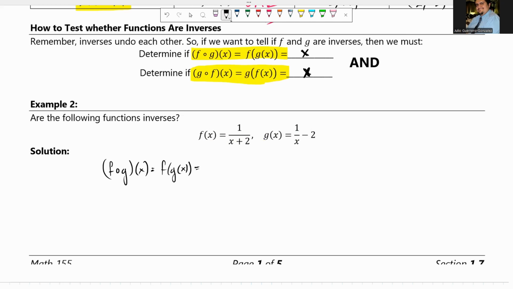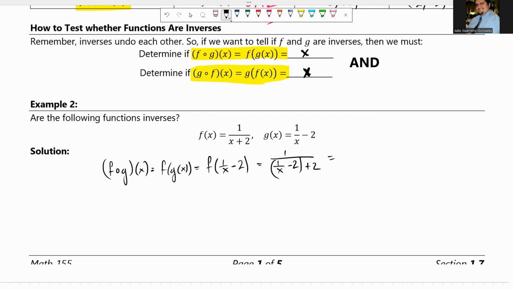Let me do the notation that I was doing back then. So it's going to be f of 1 over x minus 2, which is the same thing as 1 over x minus 2, plus 2.